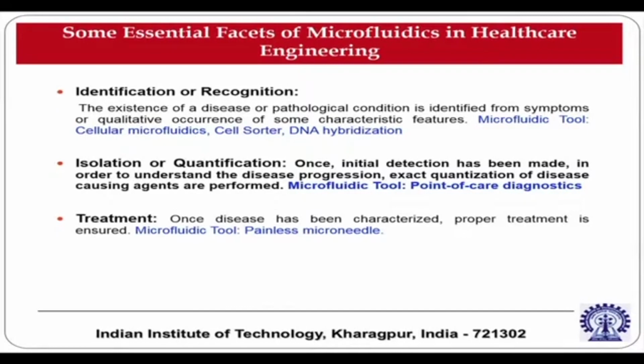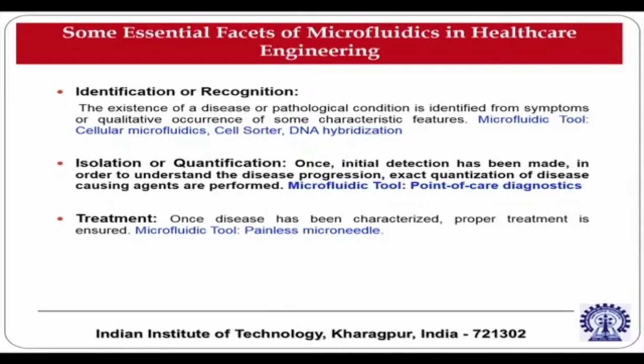So with this little bit of background, one has to understand that it is not just microfluidics as a detection tool we want to use, but we can also use it as a treatment protocol, and we will later on see an example where we use microfluidics as a protocol for treatment of certain ailments like diabetes management, for example.